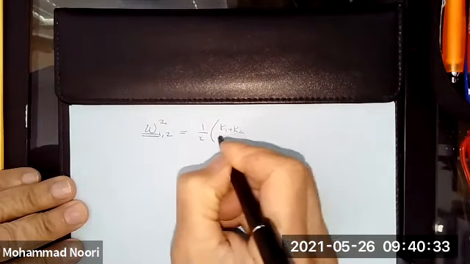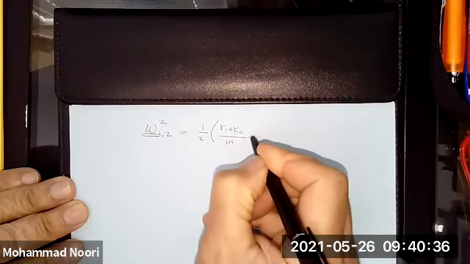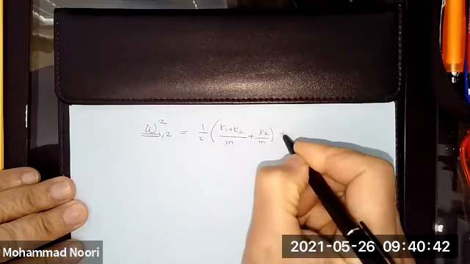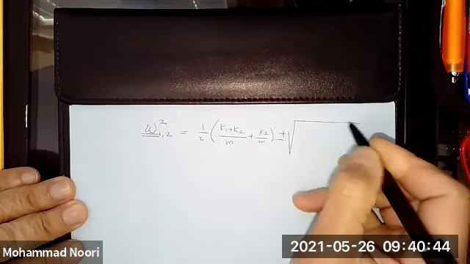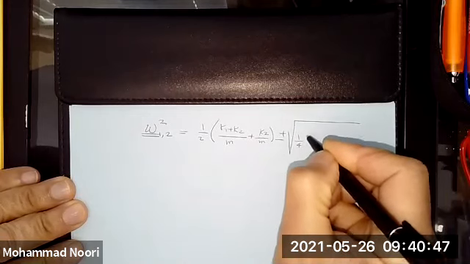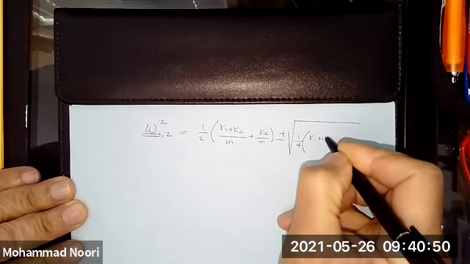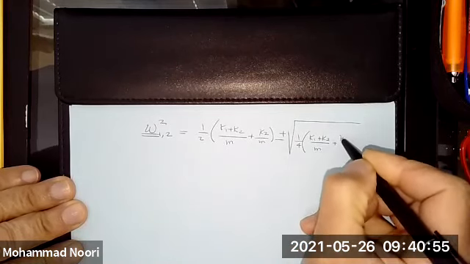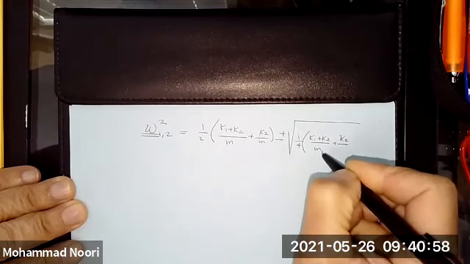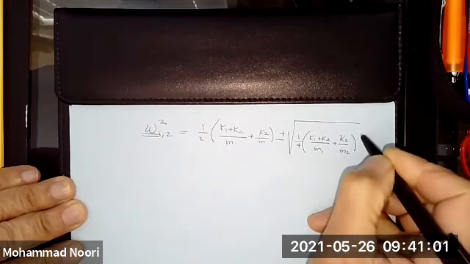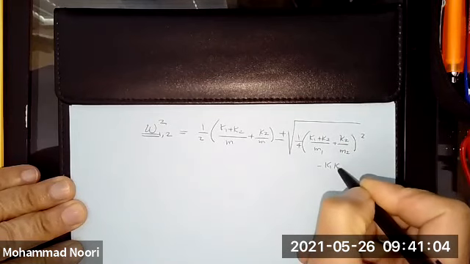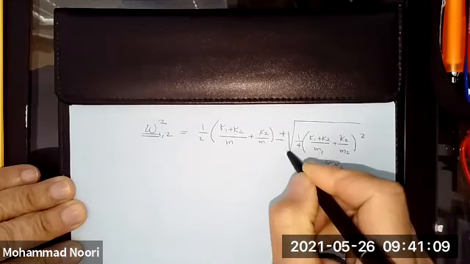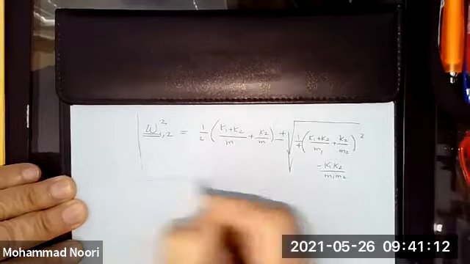K1 plus K2 divided by m plus K2 over m plus and minus square root of 1/4 K1 plus K2 divided by m plus K2 over m1, over m2 squared minus K1 K2 over m1 m2. So these are the 2 roots that you can find.